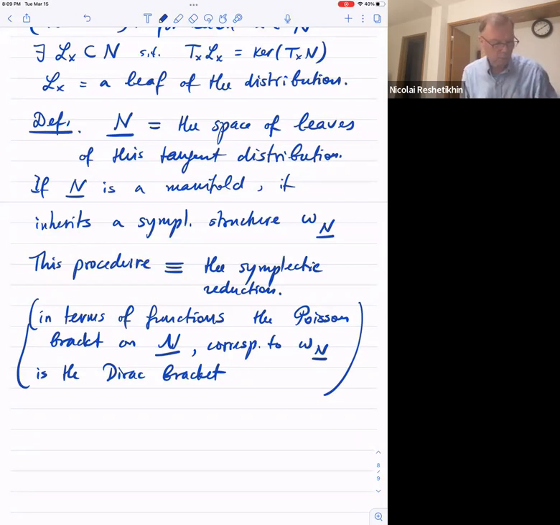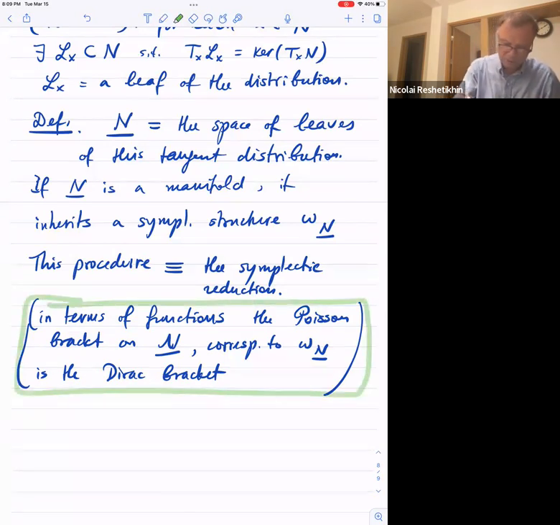Dirac introduced Poisson brackets on constrained phase spaces. So basically, this is some kind of geometric version of what Dirac did.